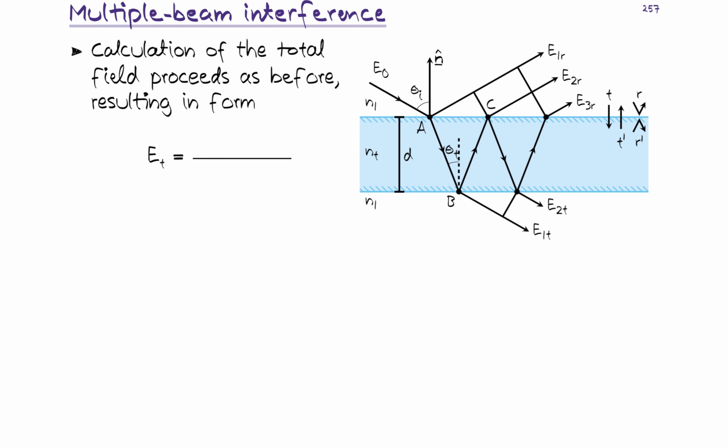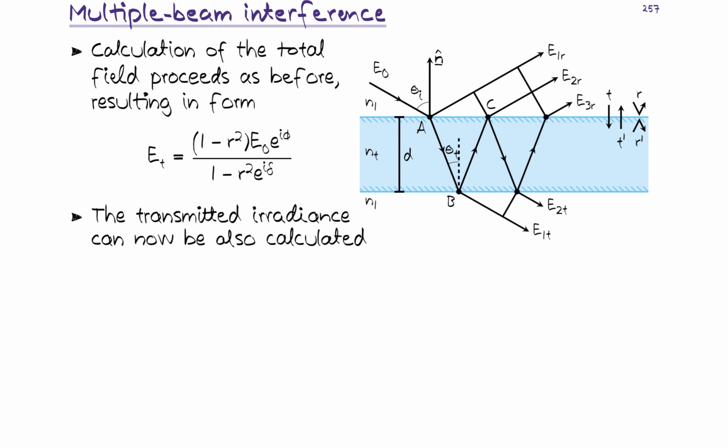So ET equals 1 minus r squared times E0, the amplitude of my incident ray, times exponent i phi, the phase accumulation from point A to point B, and this is divided by 1 minus r squared times exponent i delta. The transmitted irradiance we can also simply calculate.